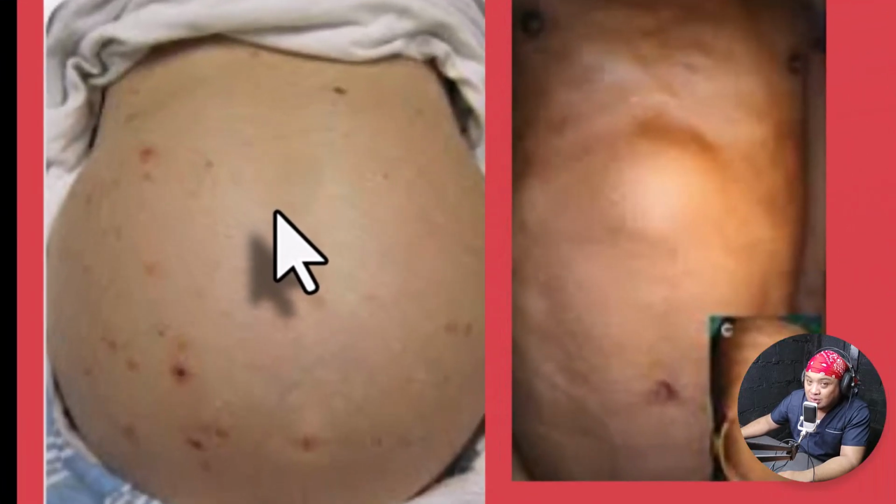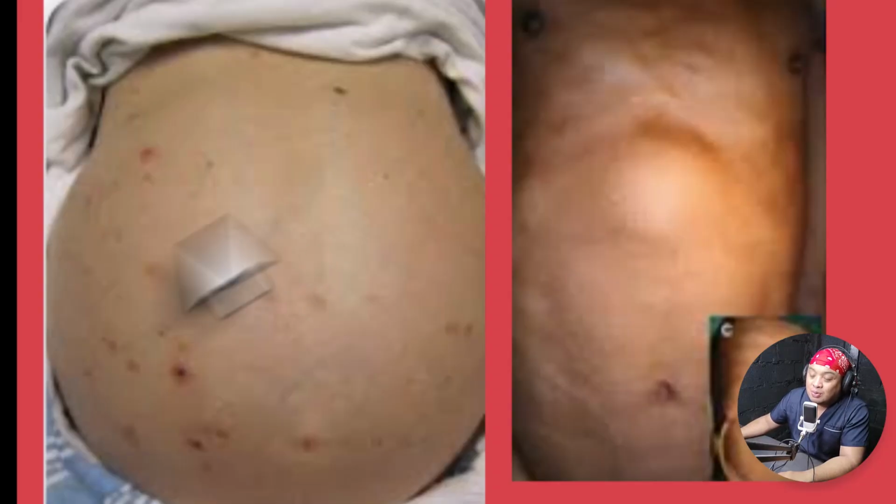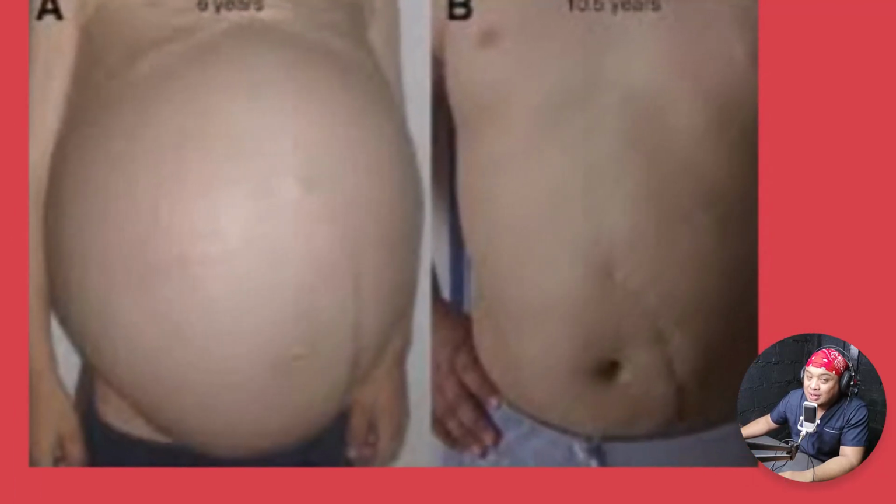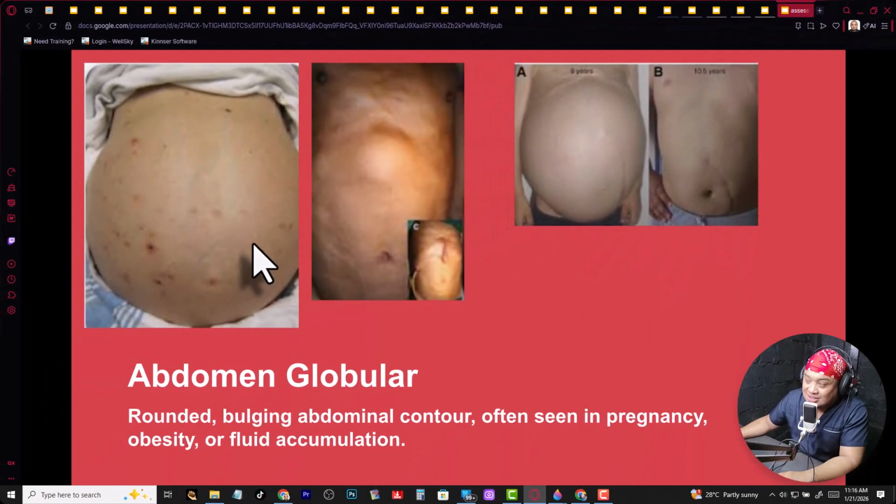Don't ask me, because I'm normal too. So abdomen globular is a rounded, bulging abdominal contour often seen in pregnancy, obesity, and fluid accumulation. And of course, maybe schistosomiasis, no? Well, anyway, if you see this one, you can tag this one as globular.